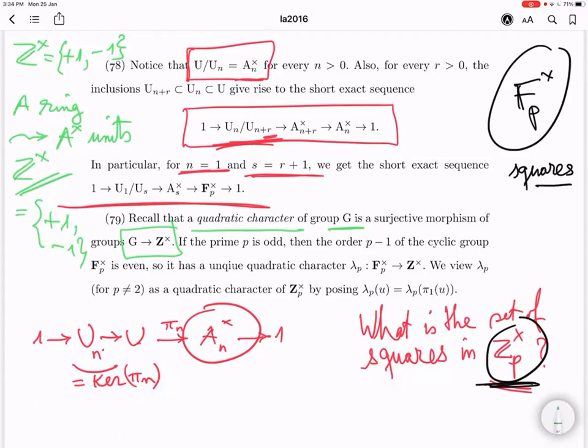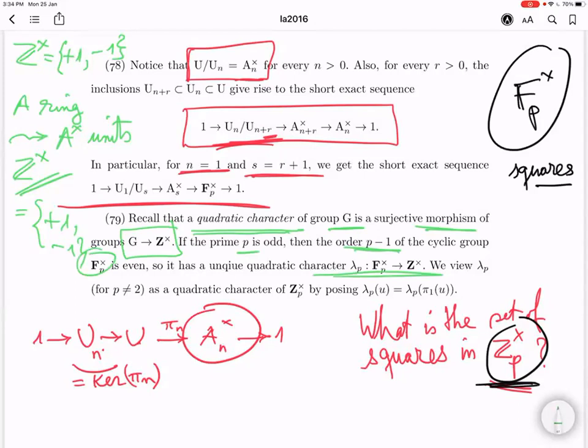Okay, so that's what a quadratic character is. A quadratic character is just a surjective homomorphism of groups from G to Z star. Now, if p is an odd prime, our prime p is fixed, then this group F_p star is cyclic of even order, of order p-1. So there is a unique quadratic character.